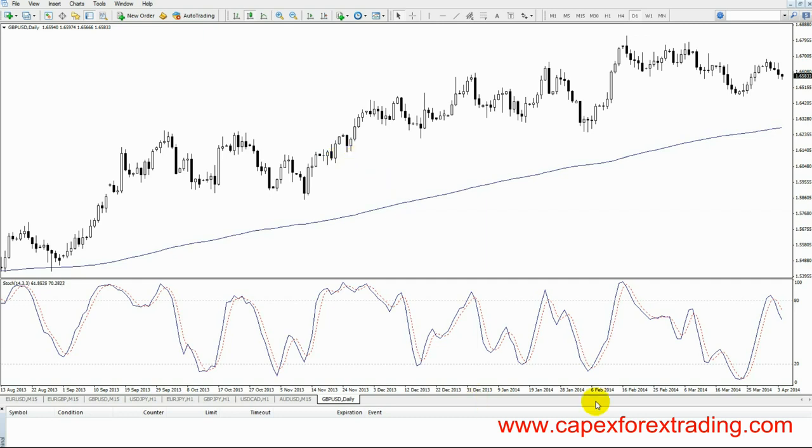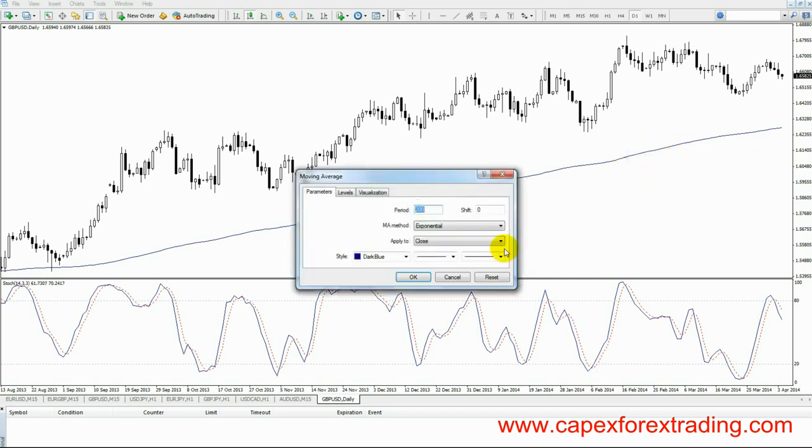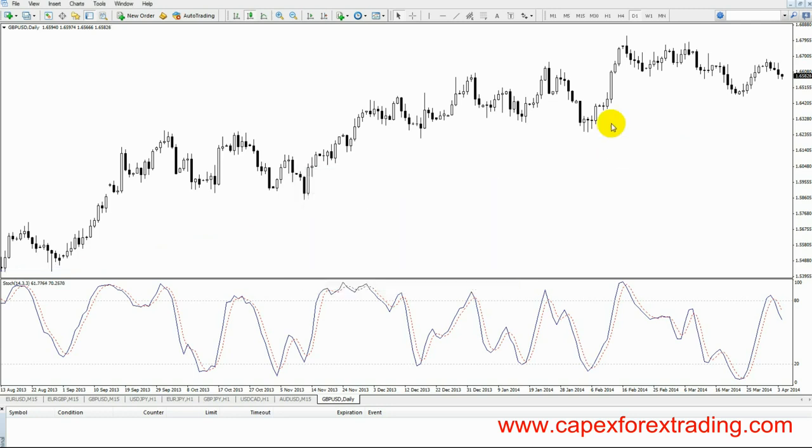Now, the second way in which we can use the stochastics indicator is by using divergence. And remember from our previous videos, divergence is simply where the indicator and the prices are trading in separate, opposite directions. So when we use divergence, we don't actually need the 200 EMA. So I'm just going to delete that out of the way.